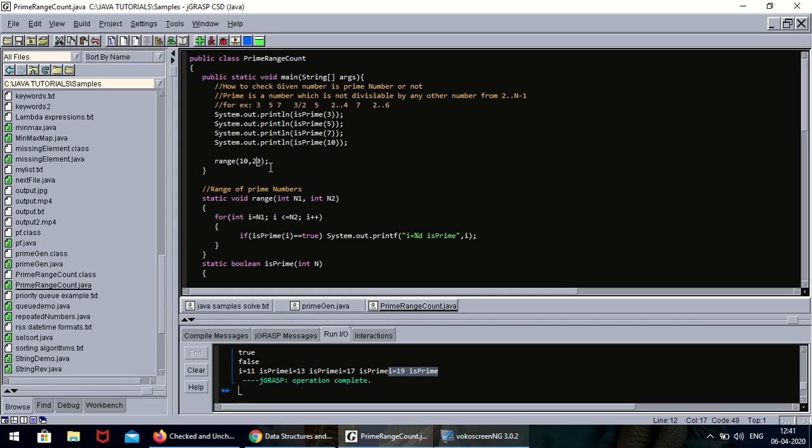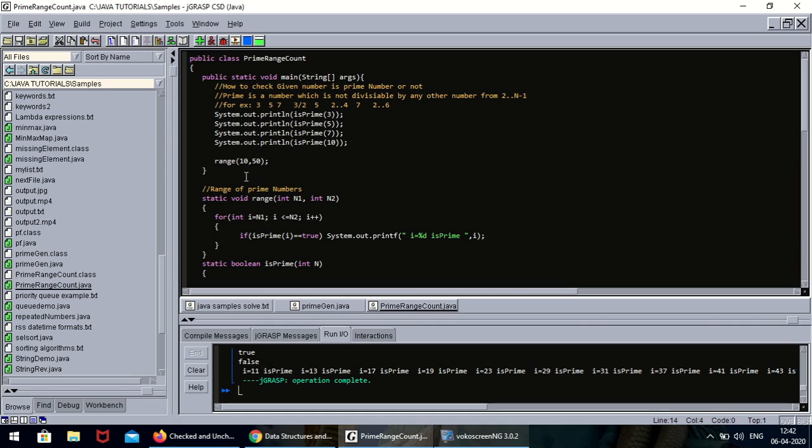Similarly, you can find out between the range 50. Let's put some space here. 11, 13, 17, 29, 31, 37 up to 47.